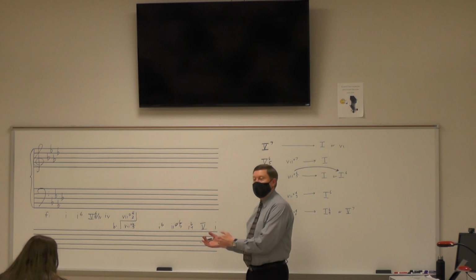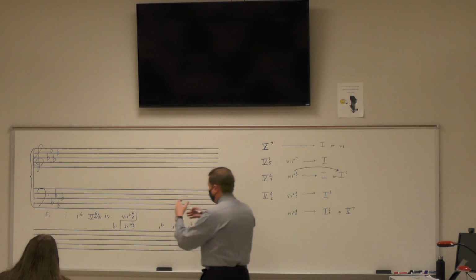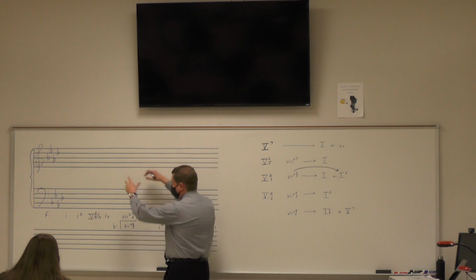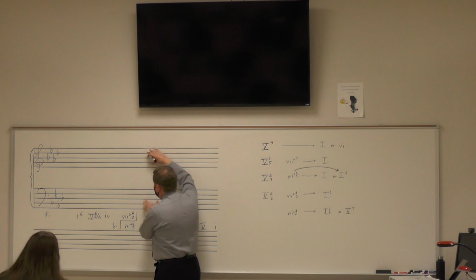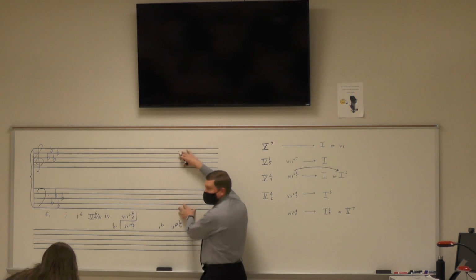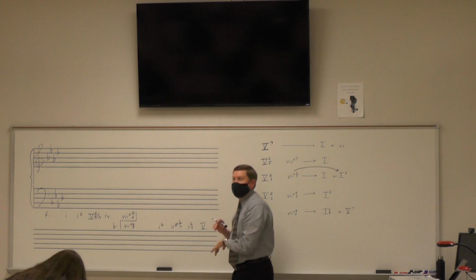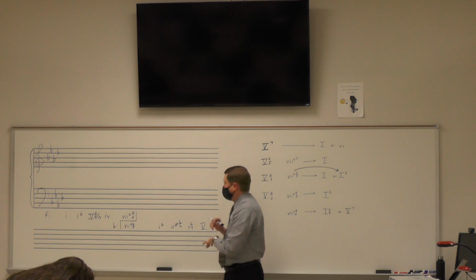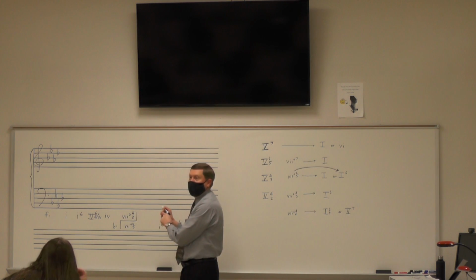Now, I'm going through this because one of the tasks on your next handout for homework is going to be to write a progression like this. This time, I only want you to part write the pivot chord, its parenthetic chord, and then the chord it goes to. I don't need you to part write anything before the pivot this time. But it's always good to start out with putting the pivot chord in there.